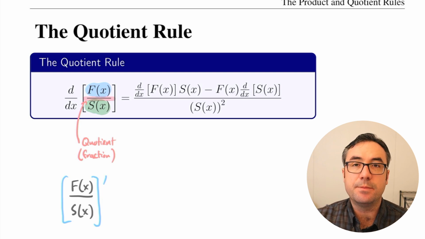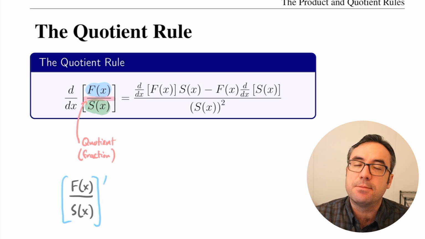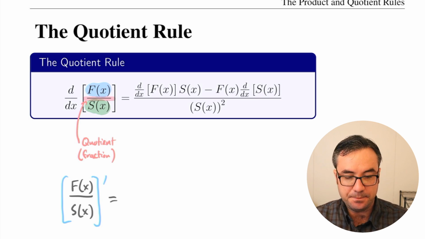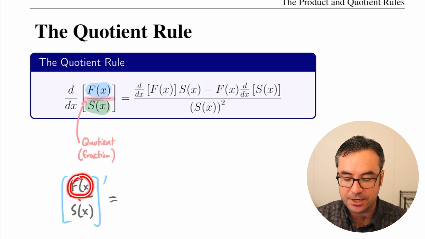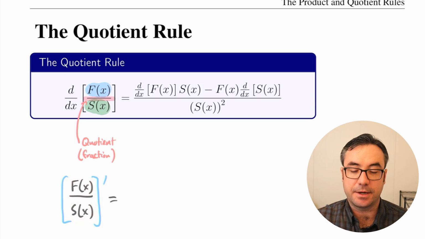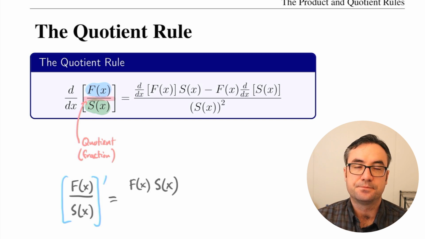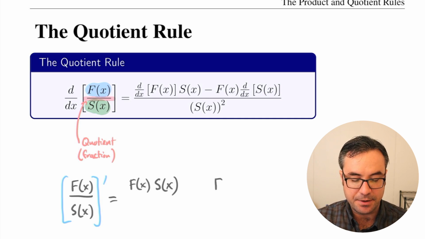We're going to write this fraction as a product, so it'll be the top function times the bottom function. And just like with the product rule, we're going to do two copies of this, so we're going to have a second copy over here.